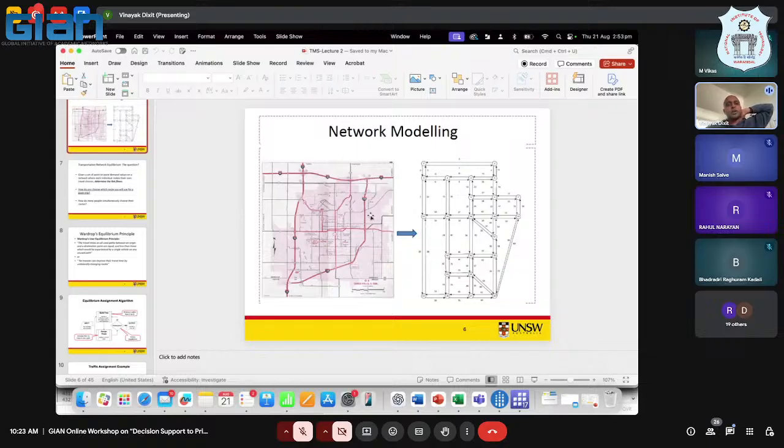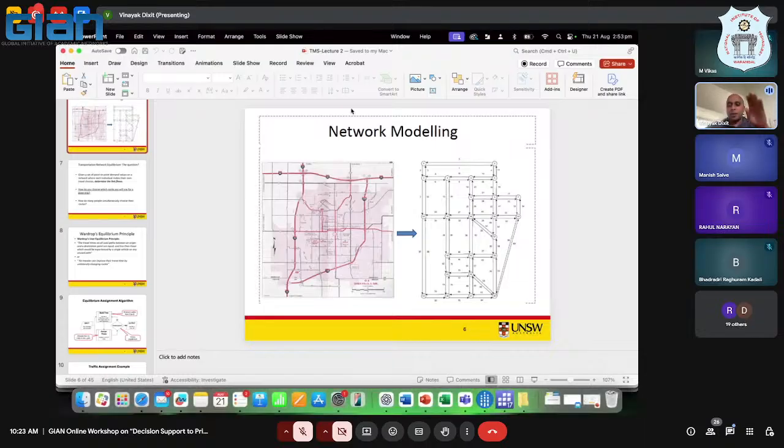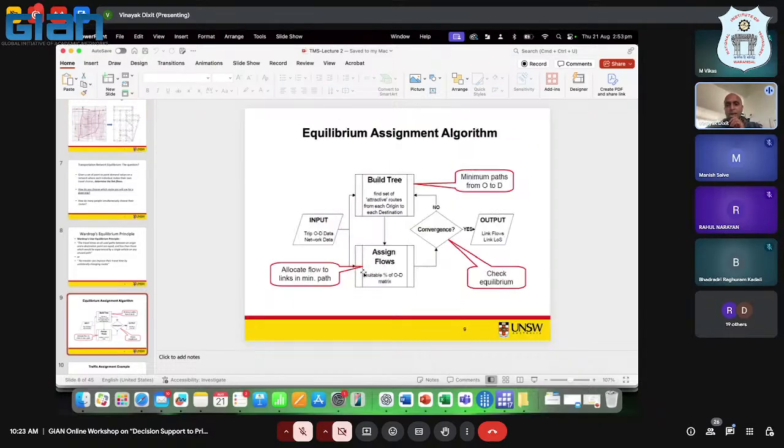If it is the same one, then you're done. If it is not, then move some of the vehicles from the current shortest path to the next one, and keep moving vehicles between these different roads. That's essentially what is happening till convergence happens. The idea of convergence is when all link travel times are equal on all used paths.